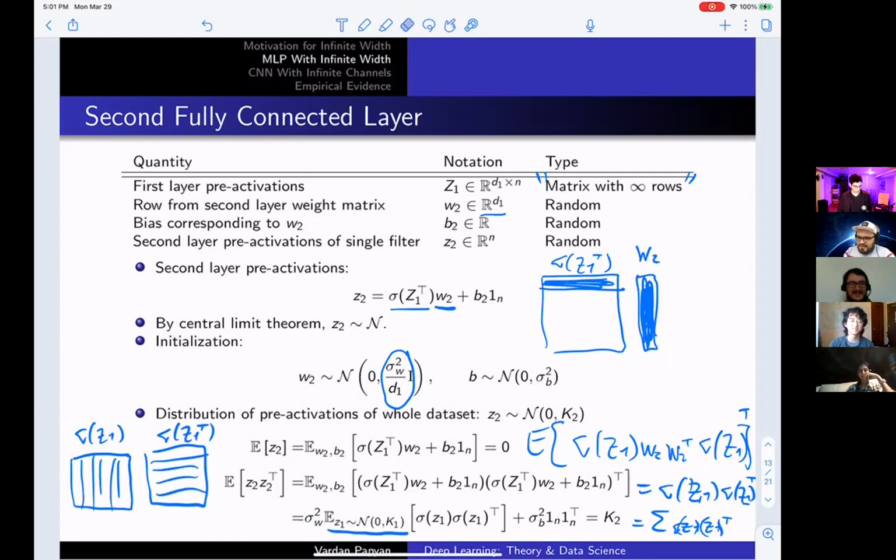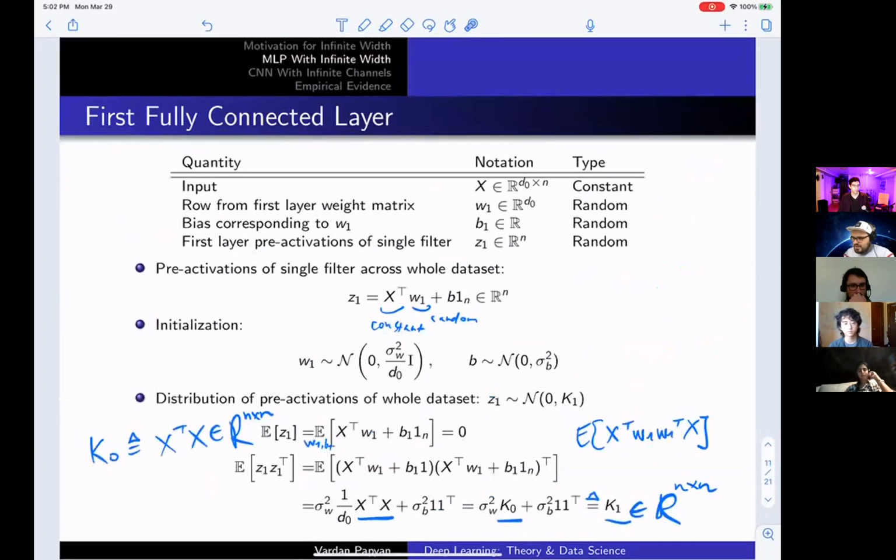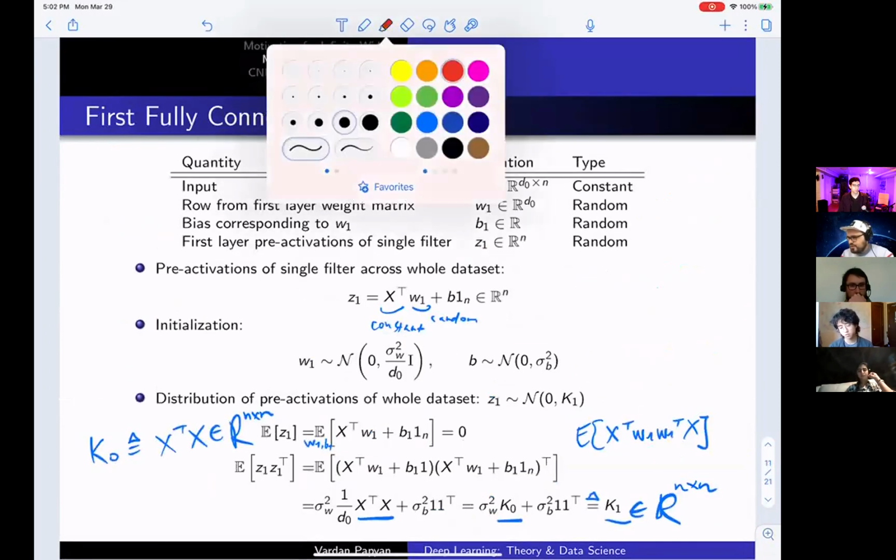So notice that the nice thing here is that Z1, right, is distributed as a normal with 0 K1. So notice this K1 is what we've previously calculated, because in the previous slide, we showed that Z1 is, let's highlight the most important thing here.